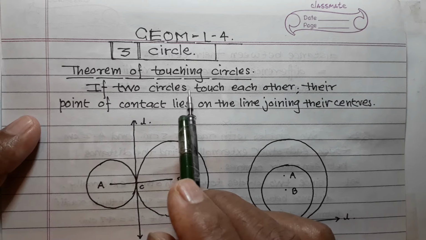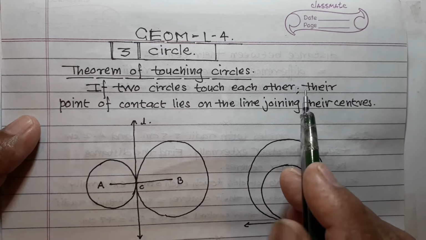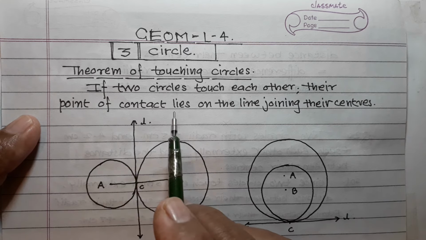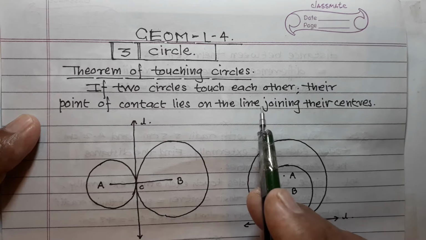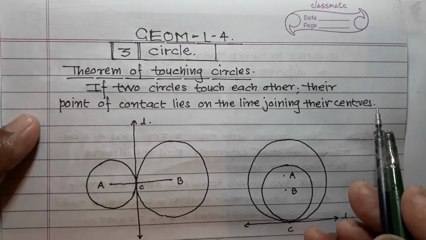If two circles touch each other, their point of contact lies on the line joining their centers.